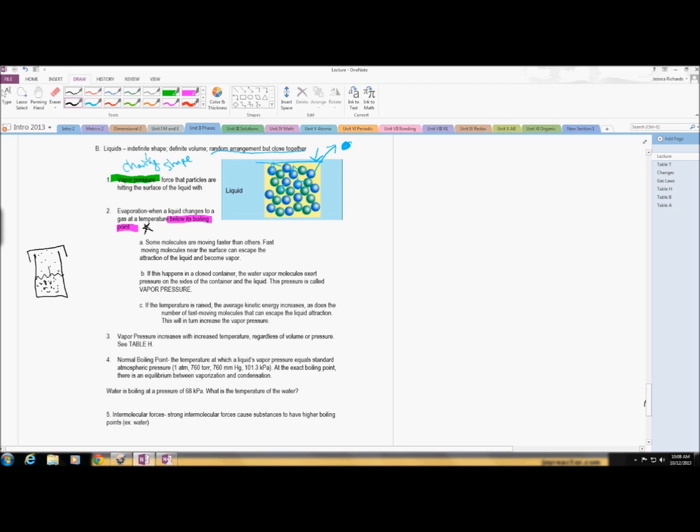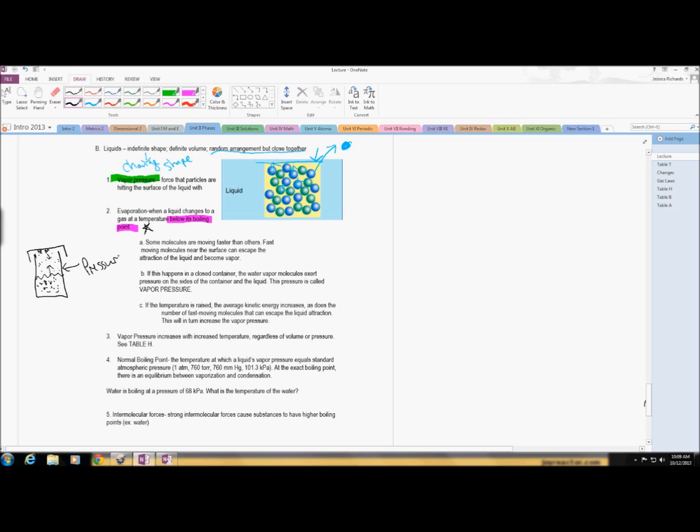Eventually, you're going to hit a point where this container is full. It has as many particles in there as it can before they start to clump up. And when they start to clump up, they start to turn back into a liquid. They start to condense. And then that liquid rains back down. So you have particles leaving, and you have it start to rain up here, and particles come down.